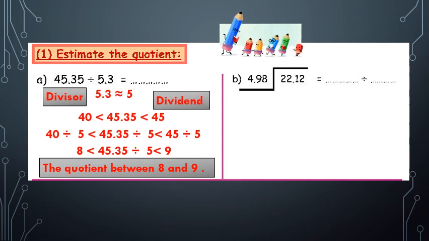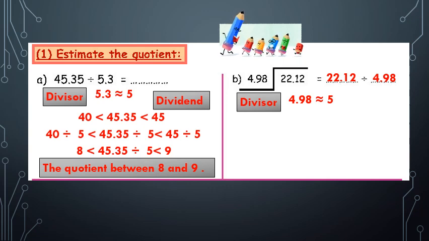B. 22 and 12 hundredths divided by 4 and 98 hundredths. First, take the divisor and round to the nearest whole. 4 and 98 hundredths rounds up into 5, because 9 is a big number.